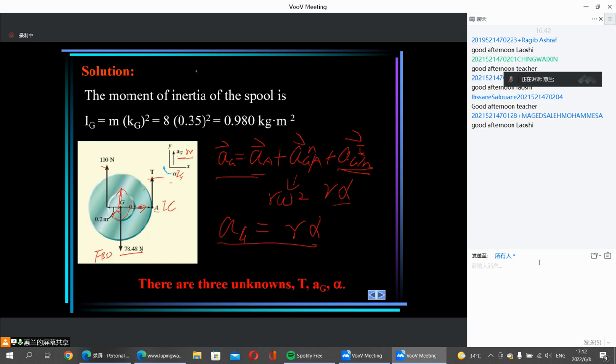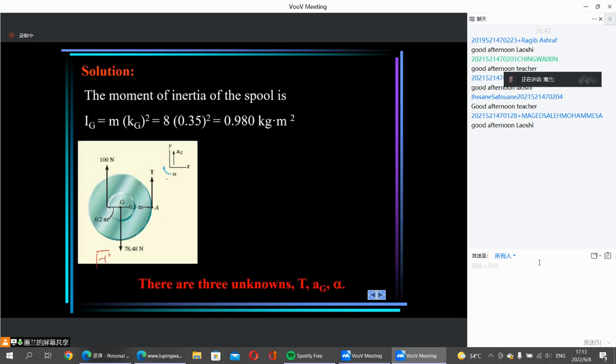We can use this because A is the IC, so we have VG equal to R omega and AG equal to R alpha. Again, relative to A, AG equals R alpha. G is going up, so alpha should be clockwise.